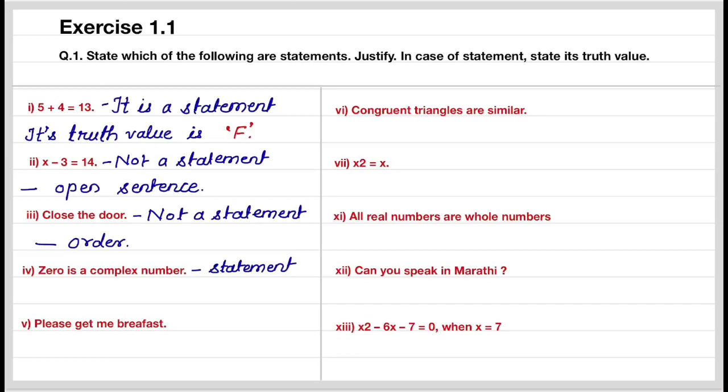In 11th standard, we have studied complex number. And in that we have studied 0 is a complex number. So it is a true statement and hence its truth value is T.